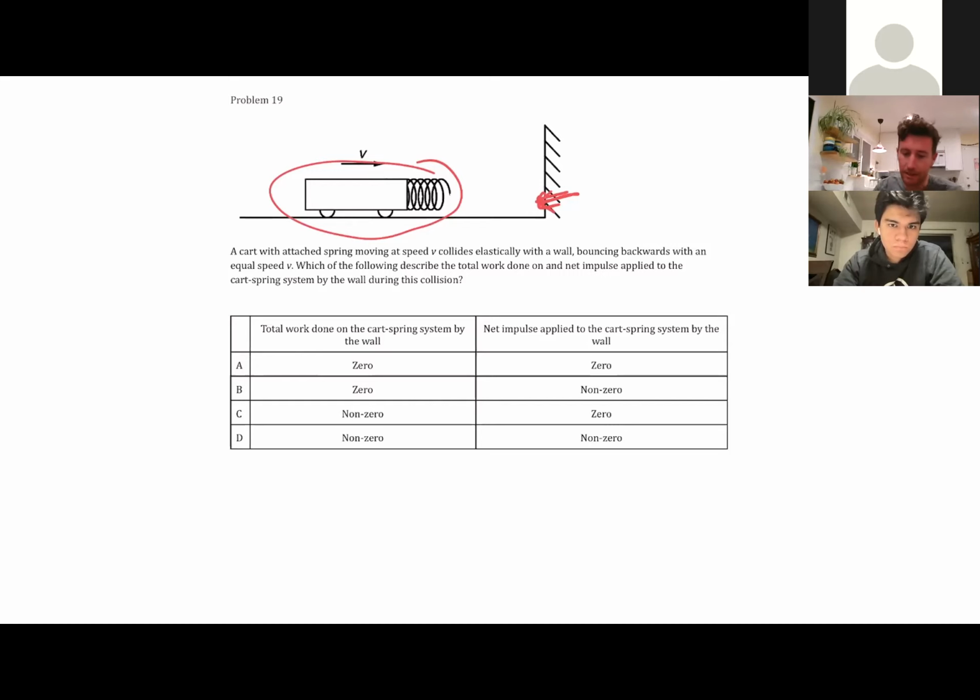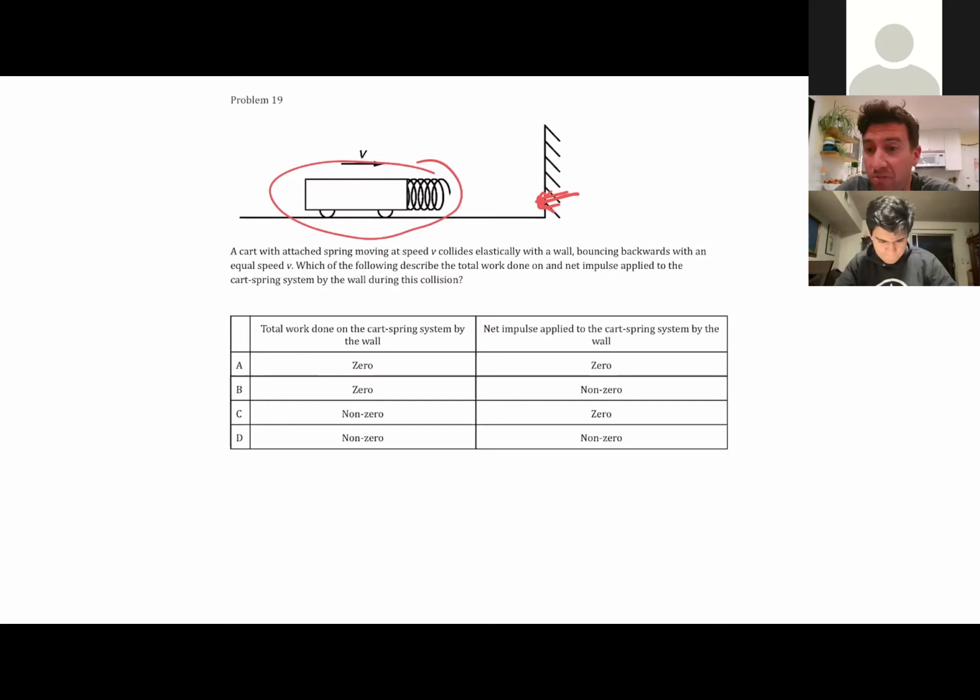All right, anybody have a justification for any element of this problem? So I would start with the work.